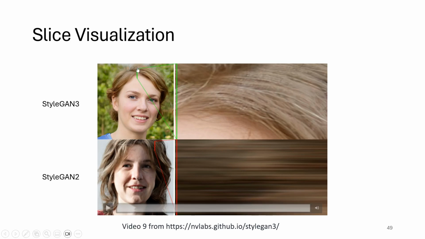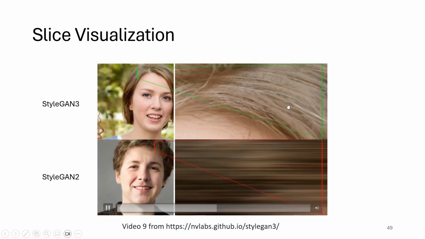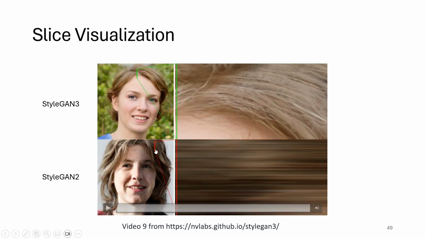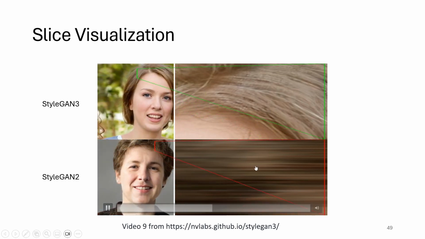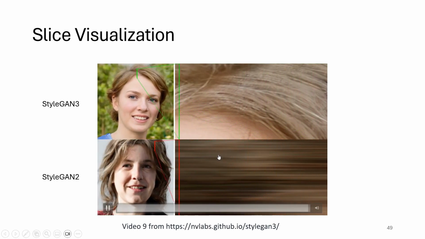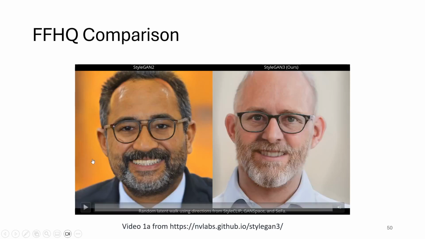If you take a look at this line, the results are almost random. But if you look at this line, the result of StyleGAN V2, there are some fixed patterns. That's the problem. If you compare the results, the left one is StyleGAN V2, but the right one is StyleGAN V3.